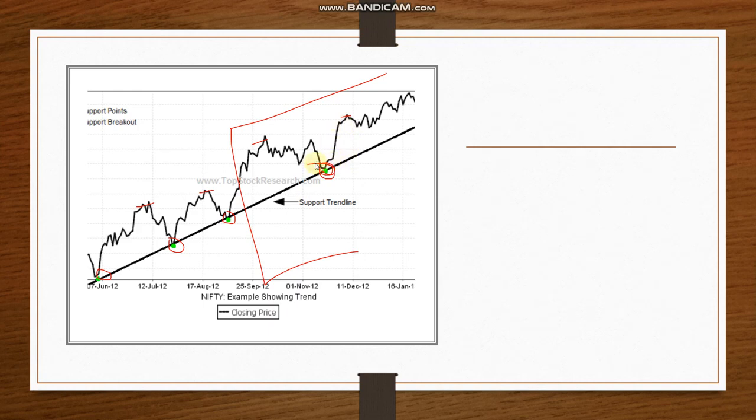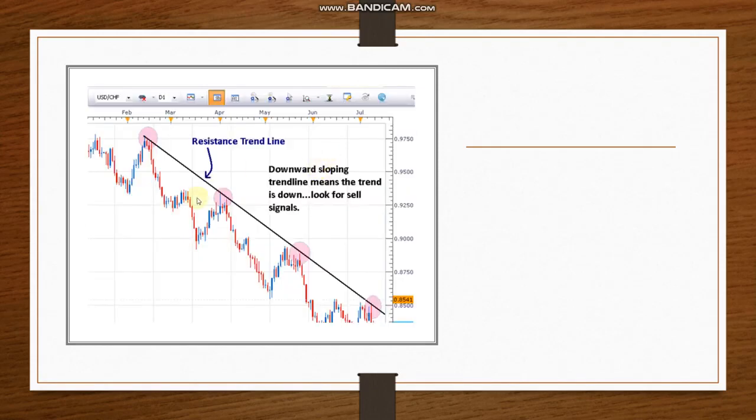Trend line is important because it provides support and resistance zones and to execute the buy and sell orders. In this example, we can see that market is falling. Okay, market is falling and it is taking resistance at this point, this point.